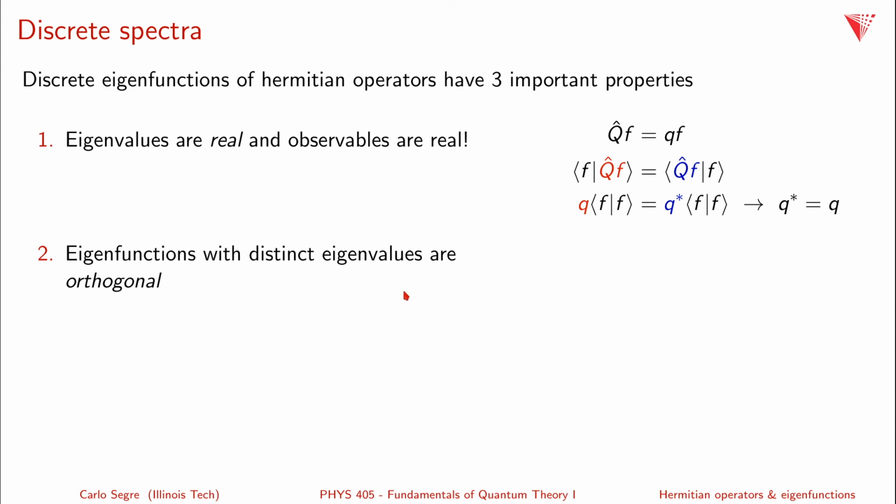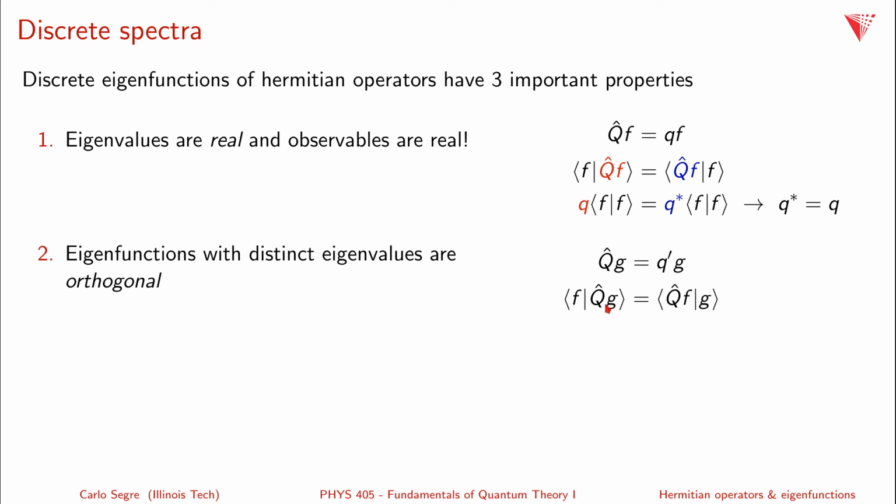The next thing is that eigenfunctions with distinct eigenvalues are orthogonal. We can write that as follows. Q applied to g, let's say, gives me an eigenvalue q prime times g, whereas Q applied to f gives me little q times f. So these are two different functions.